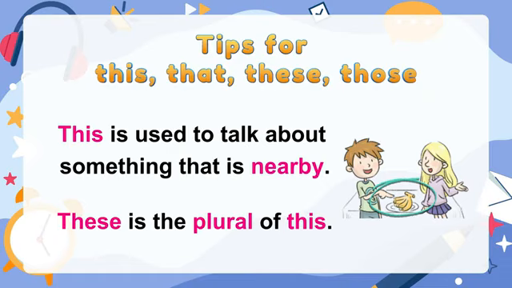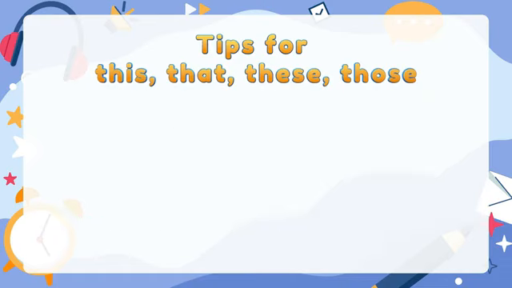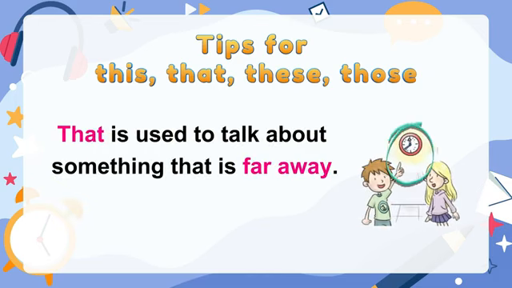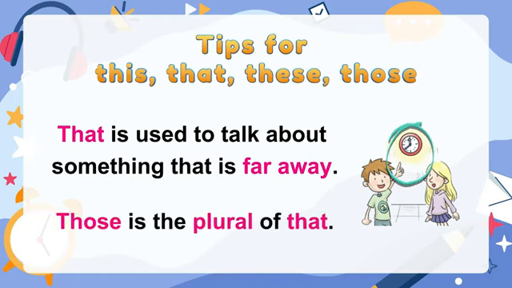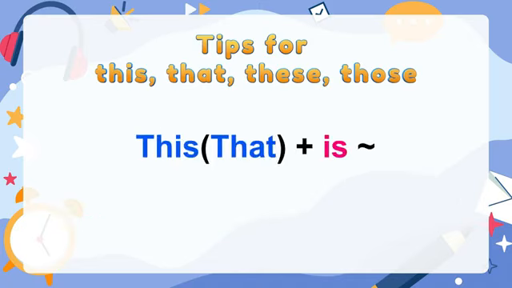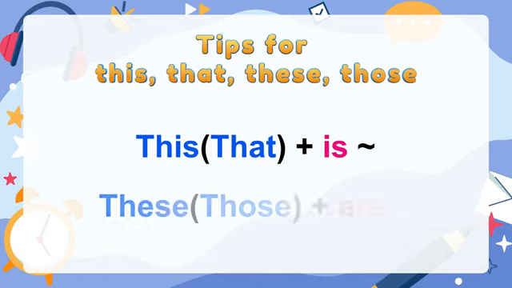These is the plural of this. That is used to talk about something that is far away. Those is the plural of that. We use this, that, plus is. These, those, plus are.